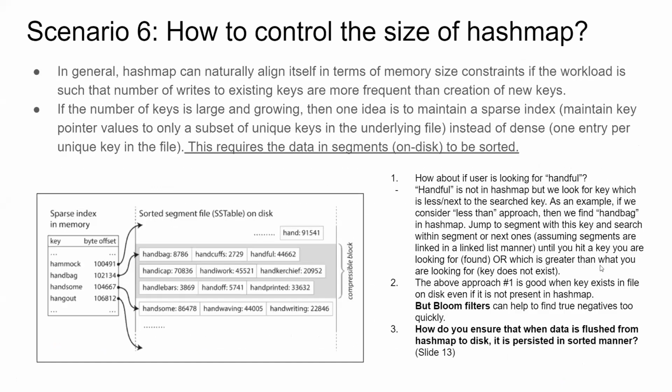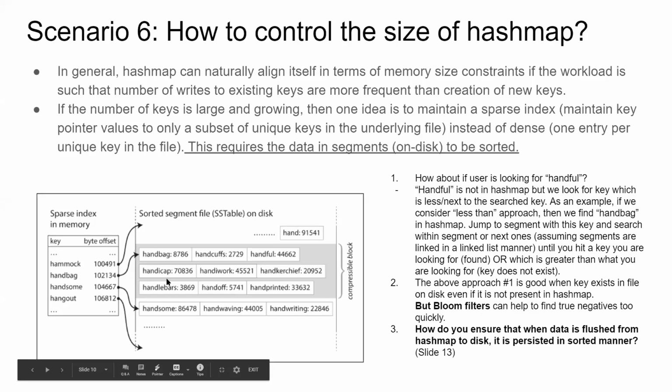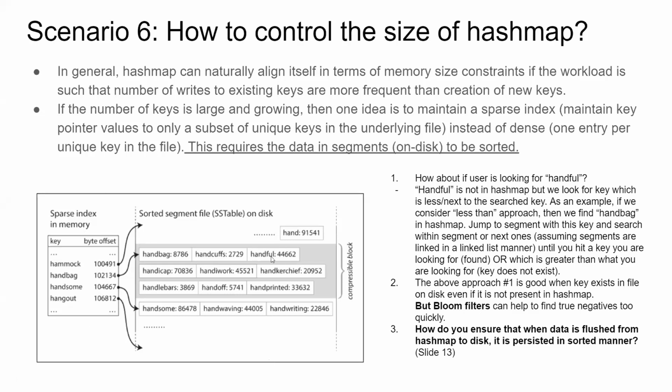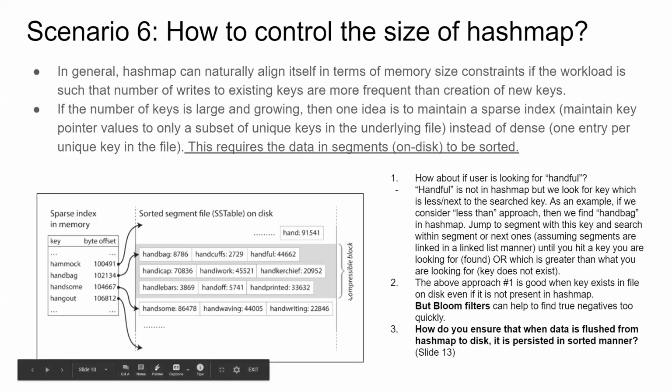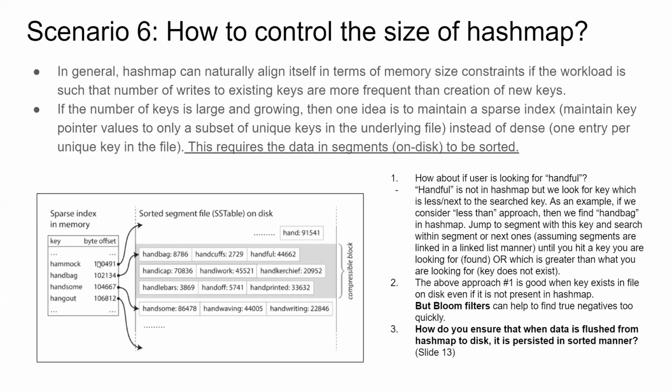And here we also talked about how you can optimize this search using Bloom filters. Because it's a sparse index, if I were to look for a key that's not present in my sorted table, and I don't use Bloom filters, I would have to find the closest one in the sparse index, navigate that segment, and eventually come up with an answer that it's not present.